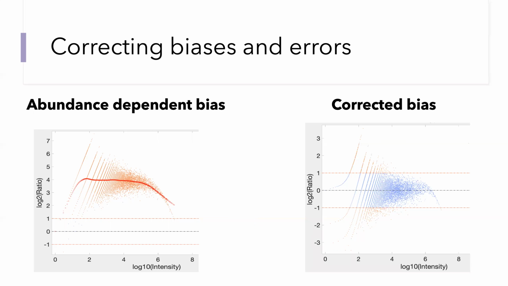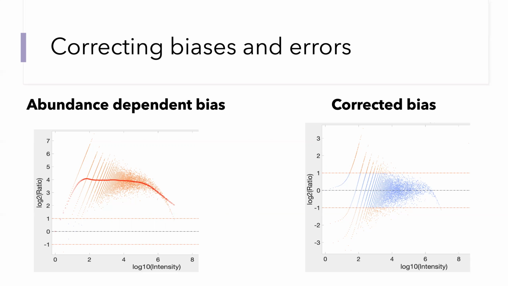Here is an example of a commonly observed systematic bias, systematic error that correlates to the abundance of the proteins or messenger RNAs. It's an artifact that is very commonly observed in DNA microarrays, also observed in RNA sequencing data, where the relative changes that are being estimated for a particular gene are dependent on the abundance of the gene, as you can see on the left, with the inverted U-shape dependence.